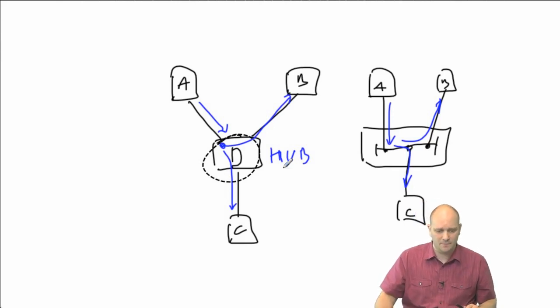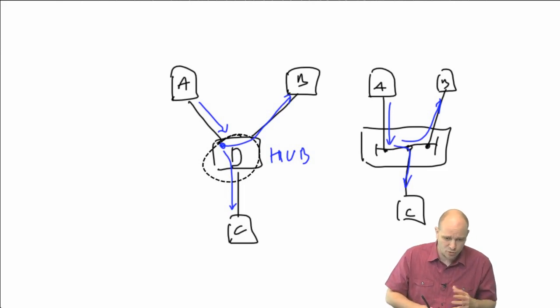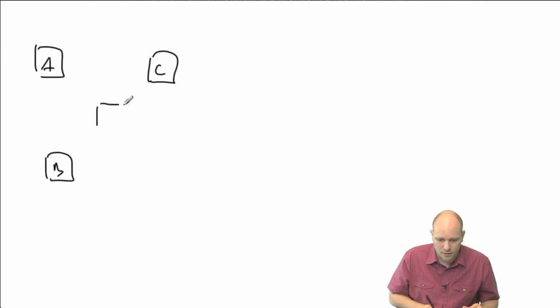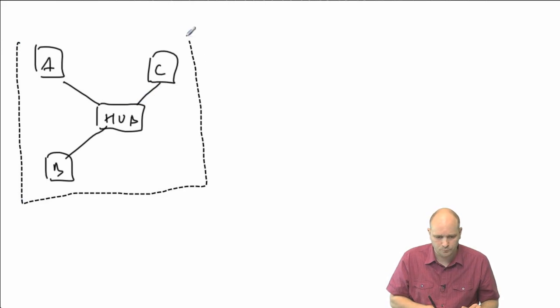Let me explain that. Imagine that we have a network that consists of our three devices, A, B, and C, connected to this hub. So here we have a star, but as we know, this really is one collision domain. So let's call it collision domain 1.